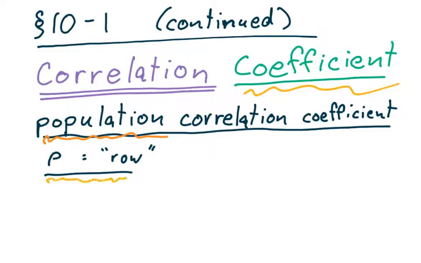It's a hypothetical value, and we have to test it. There's no way of actually computing the exact value of rho. We can make a hypothesis about it based on our sample computation, and then we can test that hypothesis by performing, of course, a hypothesis test, because we're experts at that by now.